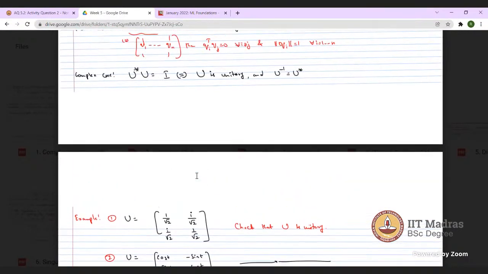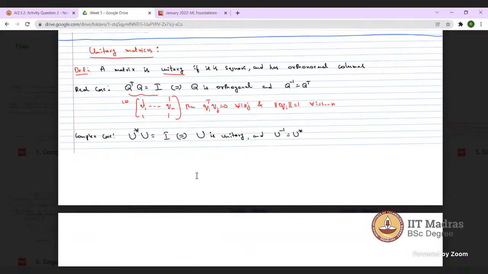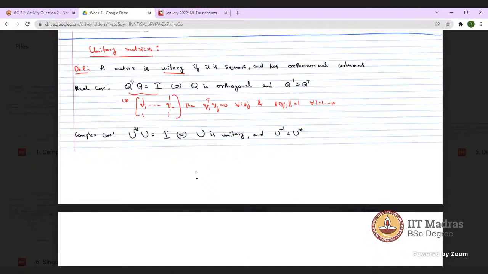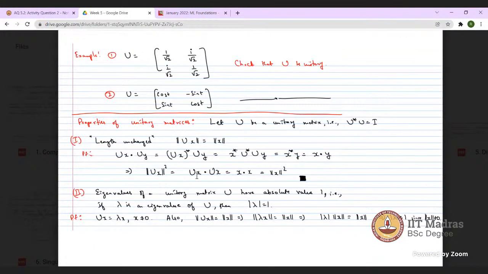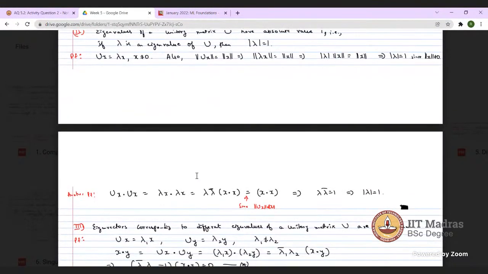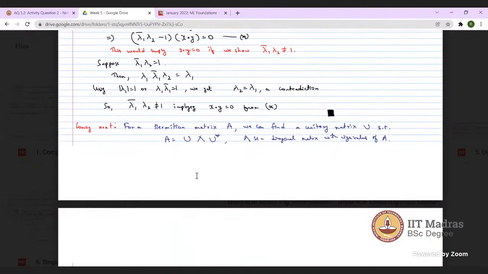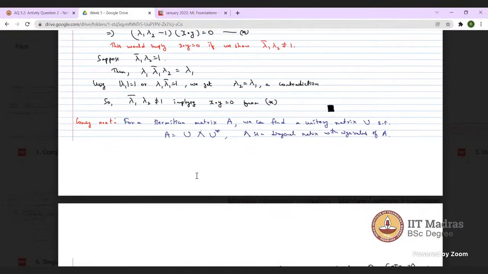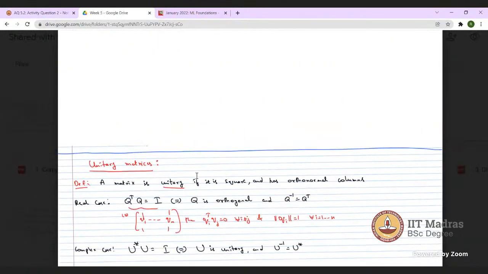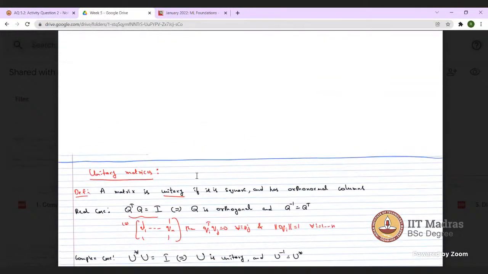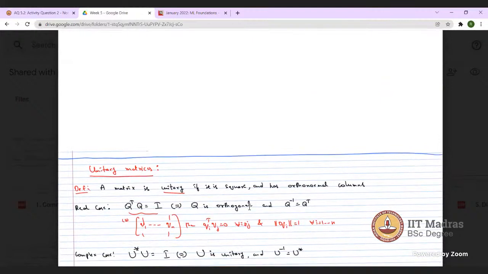So in the real vector space, we have A inverse into A equals I. What do you call that? Those are called orthogonal matrices.